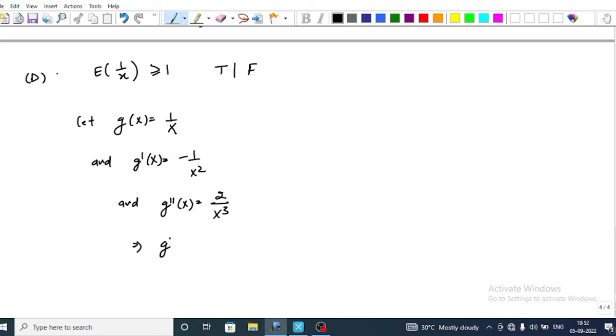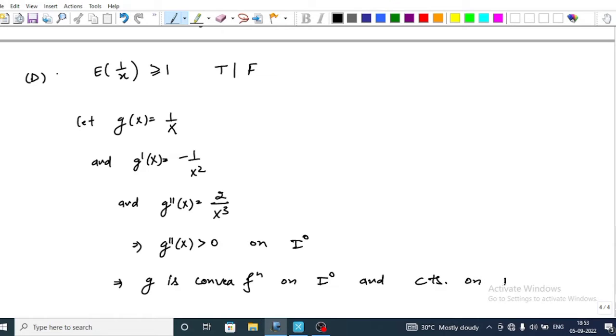This implies that g double prime x is greater than 0 on I naught. This implies that g is a convex function on I naught and continuous on I naught. So we can use Jensen inequality, and according to this inequality, this implies that expectation of g of x greater than or equal to g of expectation of x.